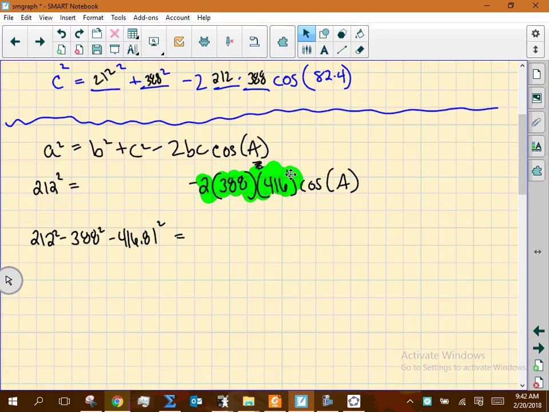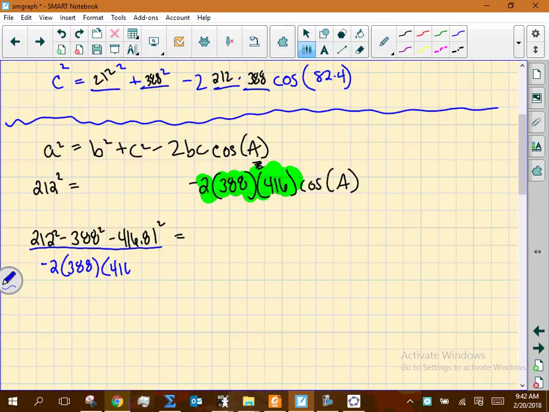So how do I get rid of those coefficients? Divide. So it should look like that then, right? Now how do I get this A all by itself? Cosine inverse. Okay, so cosine inverse both sides. It will leave me that A.